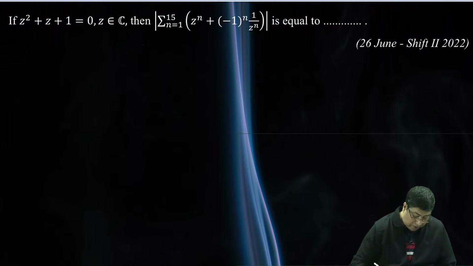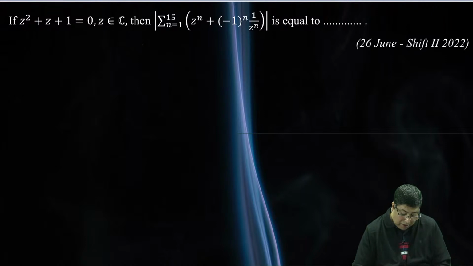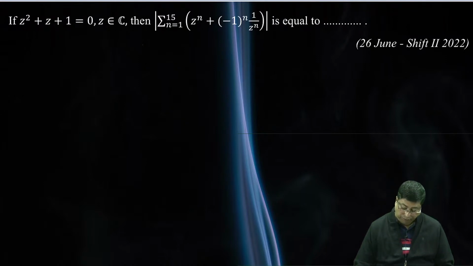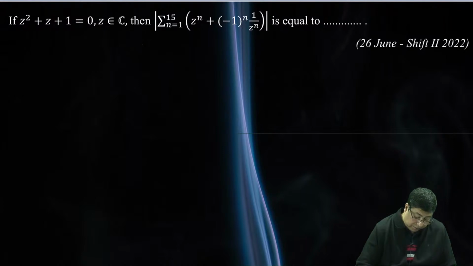So we have to get the result of the summation of n equal to 1 to 15 of z to the power n plus minus 1 to the power n, this value is equal to. There are some cases when we get an easy sum, easy calculative sum. But we should be ready for the worst. We have to practice in such a way that we can get it very fast. Next, we are getting this.